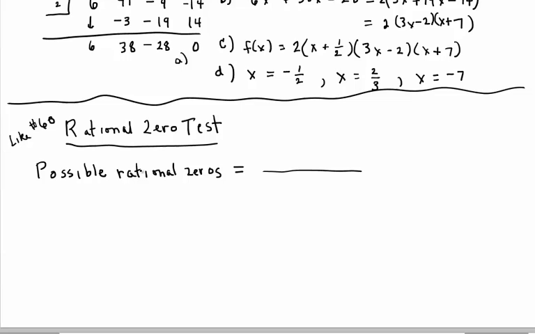So we have a fraction. The list we're going to create comes from the factors of the constant term of the function divided by factors of the leading coefficient.